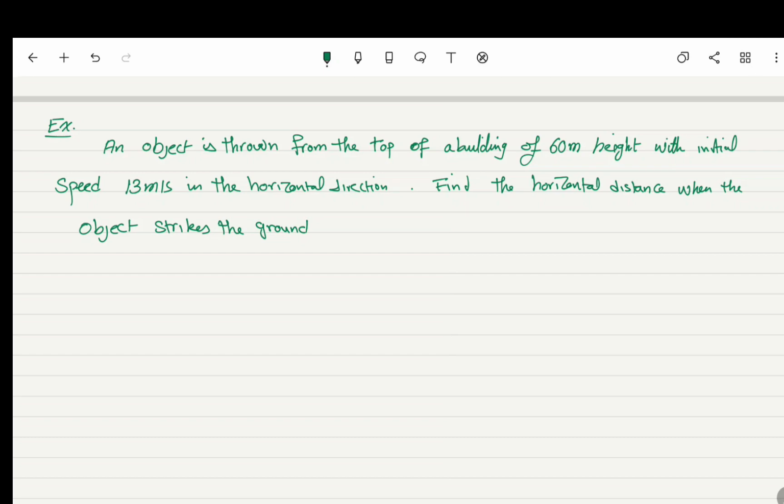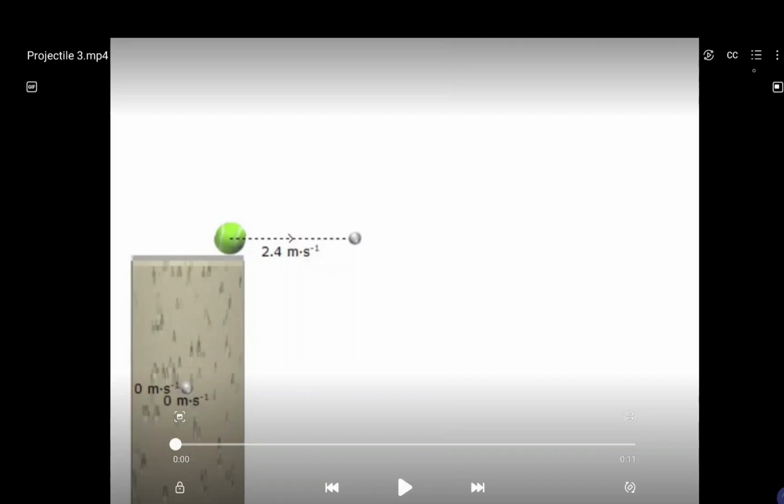Before solving this example, let's have this model. This model here mimics the situation that we would like to solve. As we can see here, the object is fired with horizontal velocity, like in this one here. Now, as we can see, the object will strike the ground.